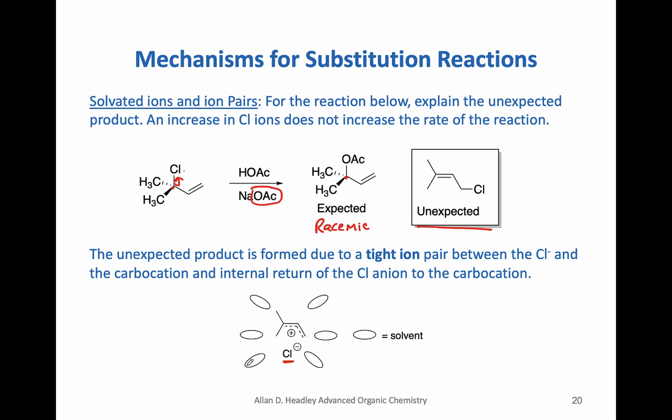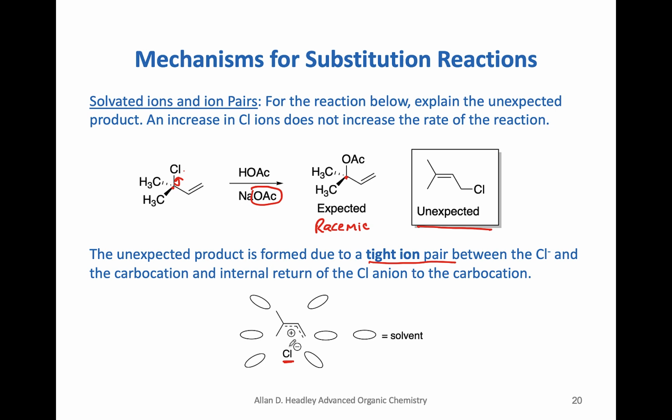And why does that happen? Because we have solvent molecules around it to keep it as a tight ion pair. So when this leaves, the solvent molecule surrounds the anion and the carbocation to keep it as a tight ion pair.